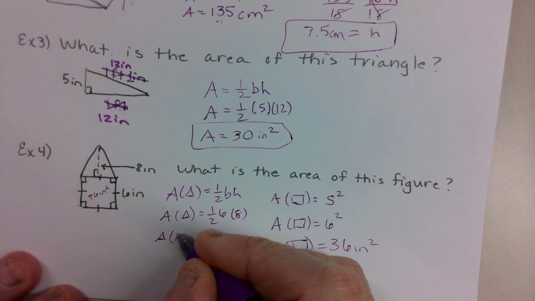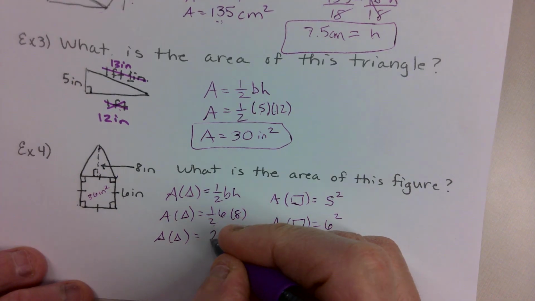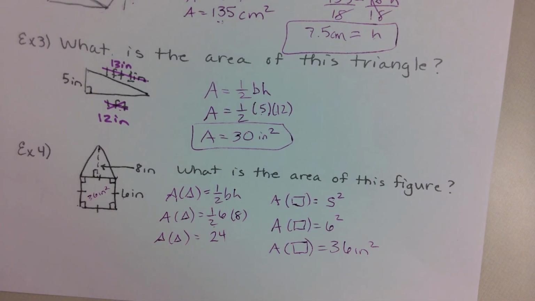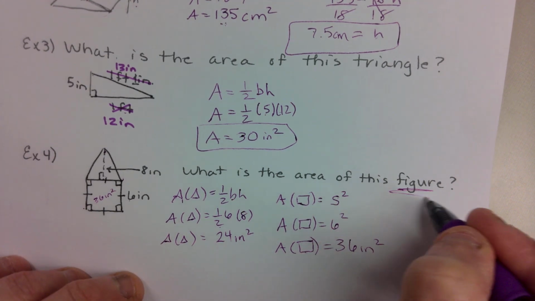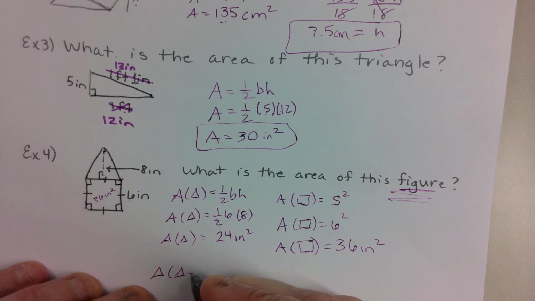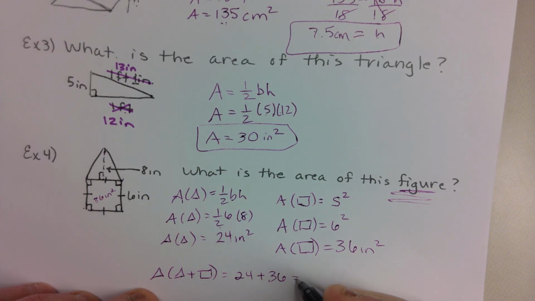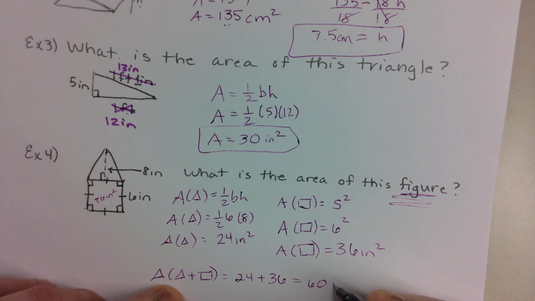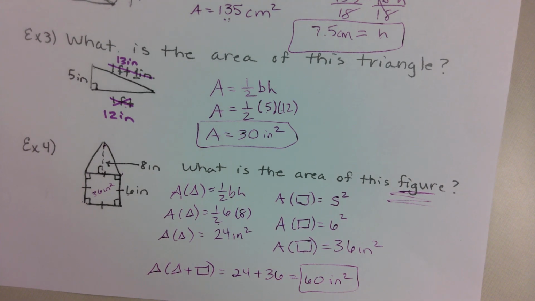So let's do that in our head. Half of 6 is 3 times 8 is 24 inches squared. The area of this figure is the area of the triangle plus the square. So we have 24 plus 36, which is equal to 60 inches squared as our final answer.